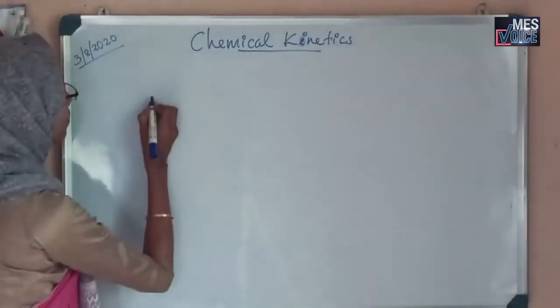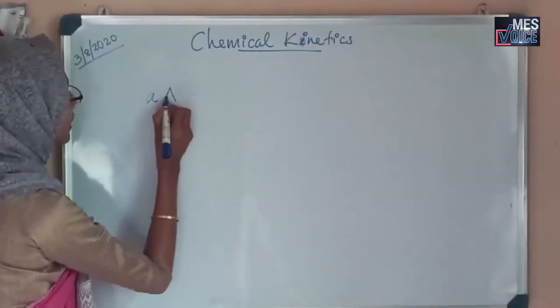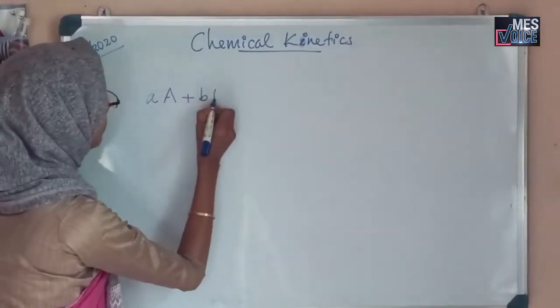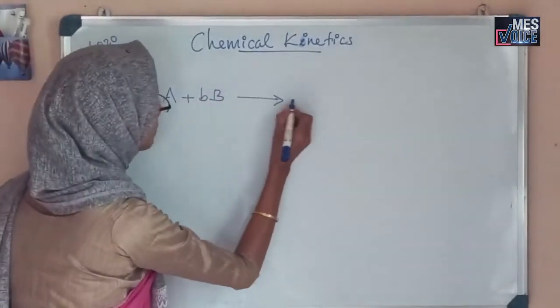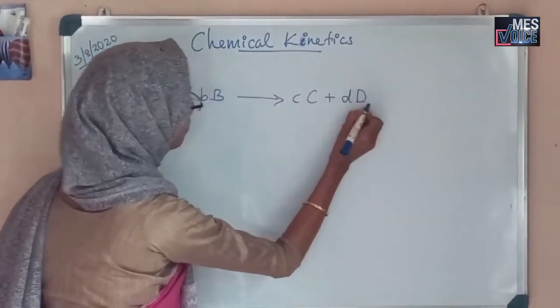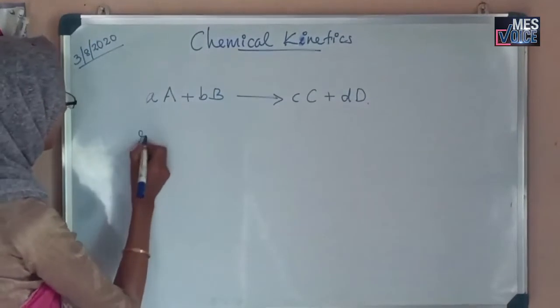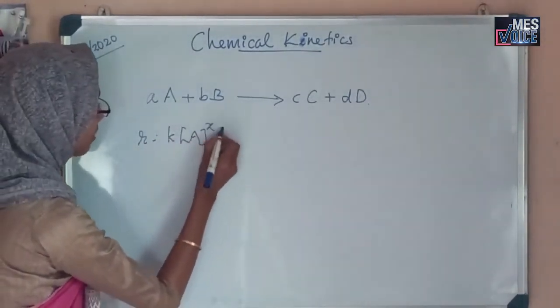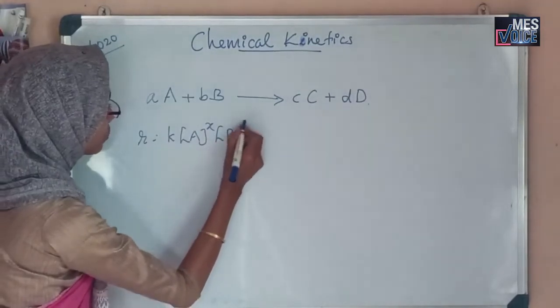Then take the same hypothetical reaction in which a moles of A react with b moles of B and give c moles of C and d moles of D. You know that the rate of the reaction is equal to k into concentration of A raised to x into concentration of B raised to y.